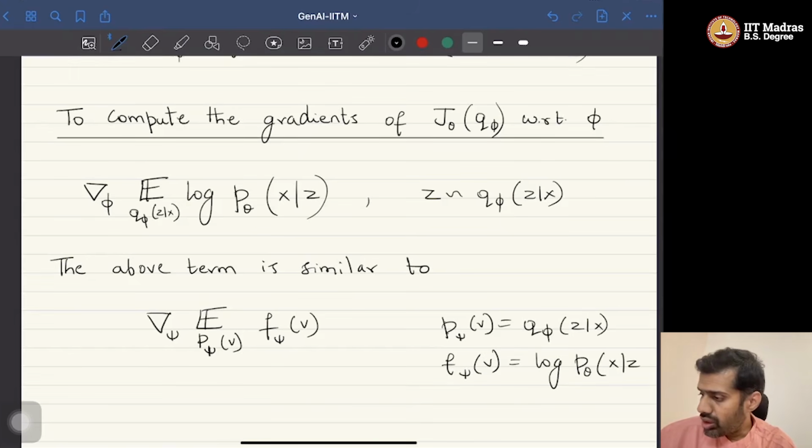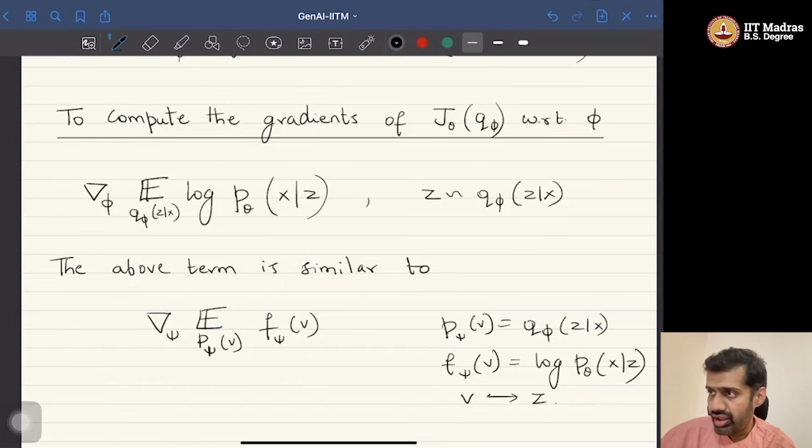So please note that this function also has been shown to be having dependency on psi, because the z, the conditioning variable, is sampled from q phi of z given x, and therefore that also depends on the parameter with respect to which we need the gradients. And we have replaced the random variable v with the random variable z here.